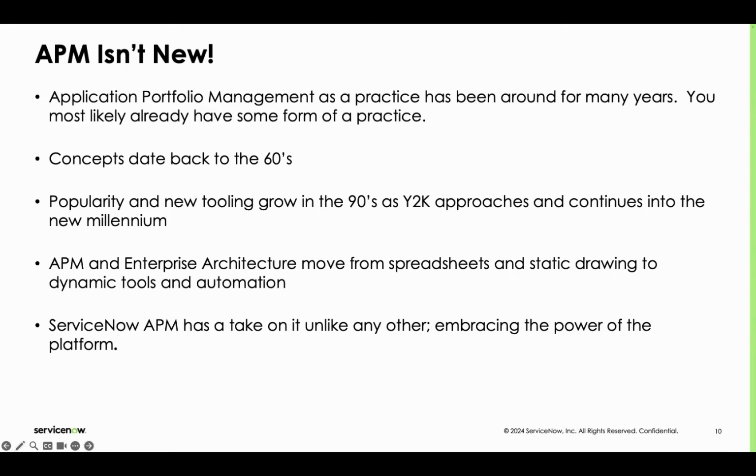And so EA, enterprise architecture, and specifically the tool that enterprise architecture uses, application portfolio, really started to grow. In the early days, it was on static drawings. Even before we had Visio, people were drawing boxes and lines and storing things in spreadsheets.